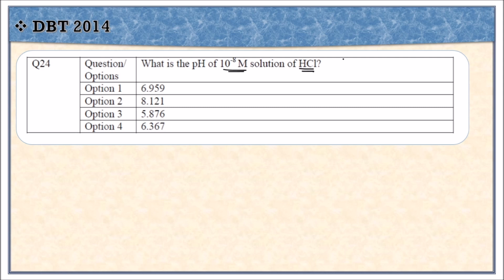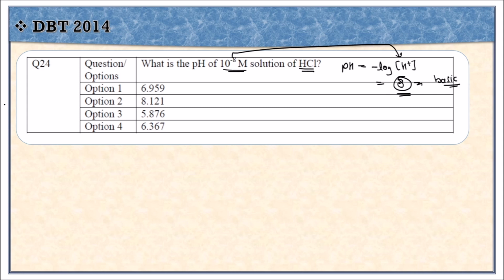If we find the pH by using the same formula that we are using till now, that is pH equals minus log H plus, and we simply put the value of H plus, which will be 10 to the power minus 8 molar, this will give us a value of 8. 8 means the solution is basic, and we know that HCl is an acid, so it should give an acidic solution. Then why does 8 come? Because we are using the wrong method. Why we were using a wrong method, I will explain after solving this question.